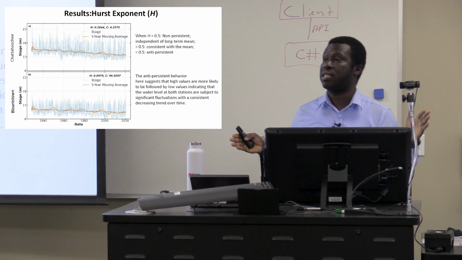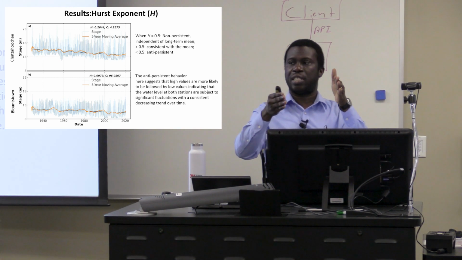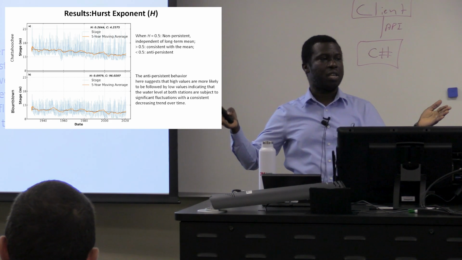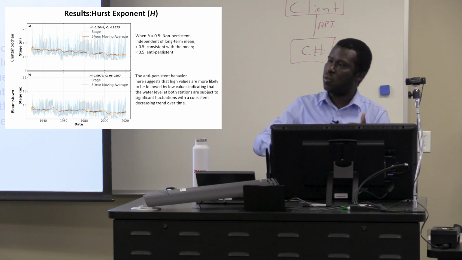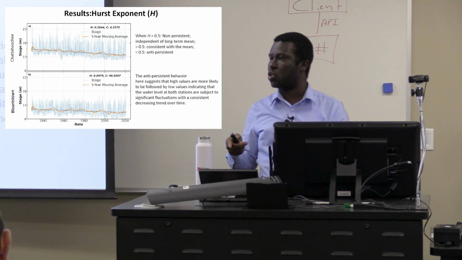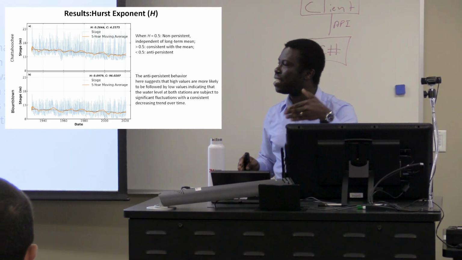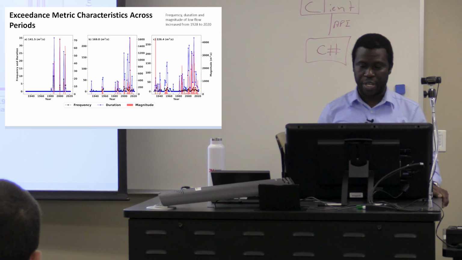What it simply means is that anytime there is a high value of stage height, the following value becomes low, and also vice versa. So any high value within the series, the next value is going to be low. It simply means that the stage is decreasing consistently across the entirety of the floodplain.